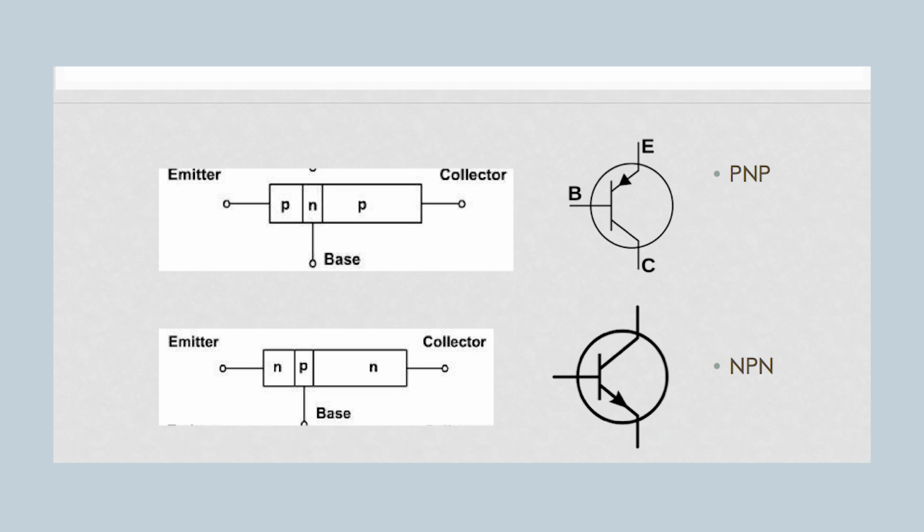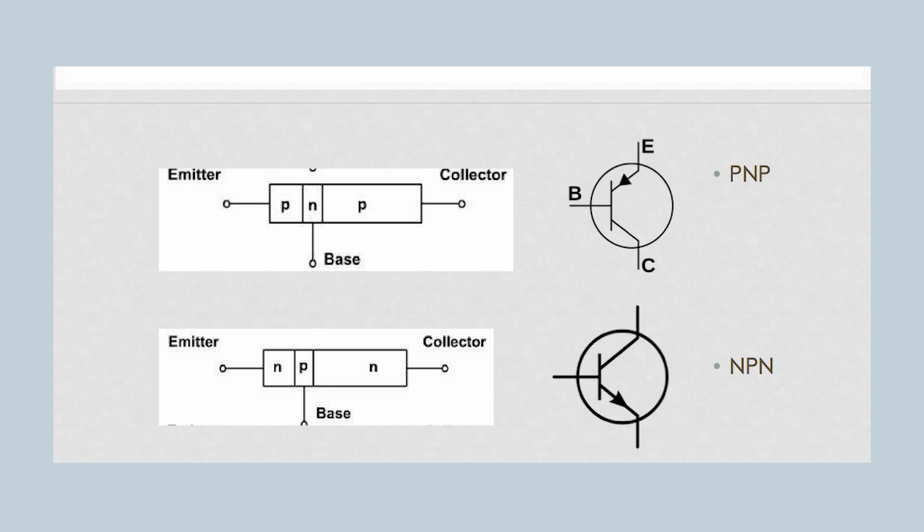As there are two junctions, between the emitter and the base and between the base and collector, it may appear as shown. It can be seen as two back-to-back diodes connected in series. But it actually won't behave like a transistor.